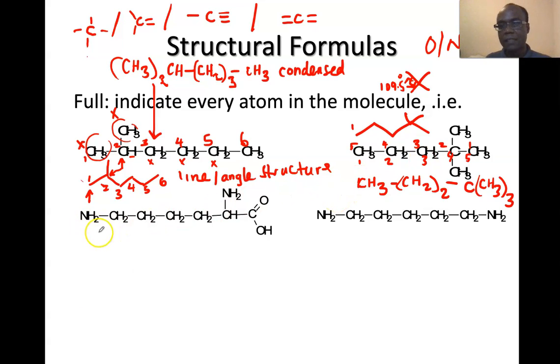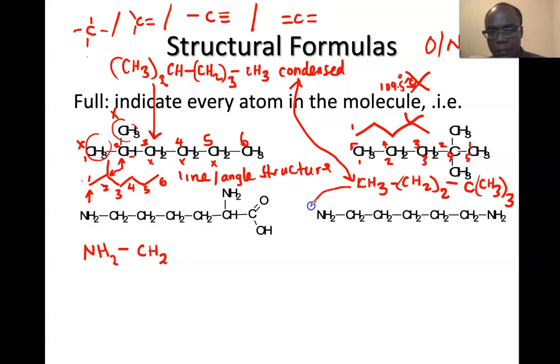So remember, I said the hydrogens bonded to any element other than carbon must be shown. So I'm trying to draw the condensed formula again. See, this is condensed, this is condensed, and I'm gonna draw the condensed version of this.